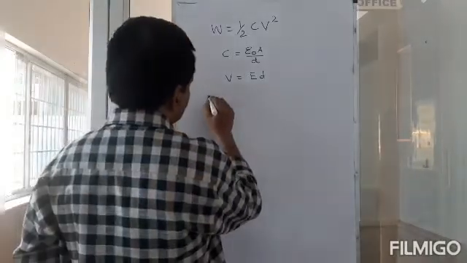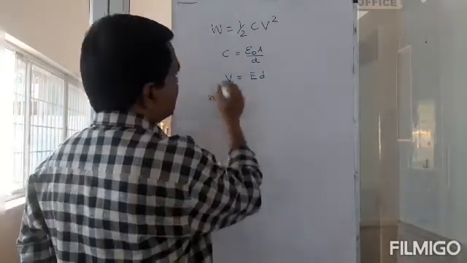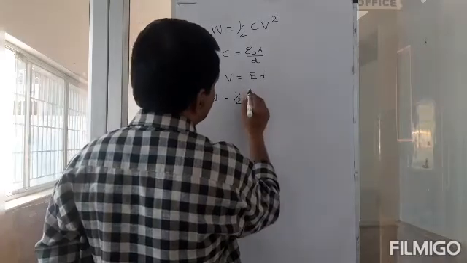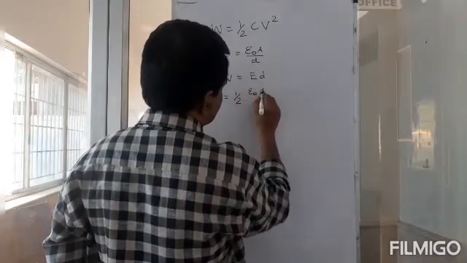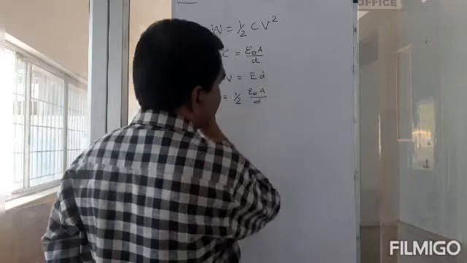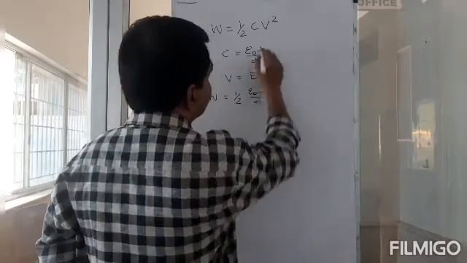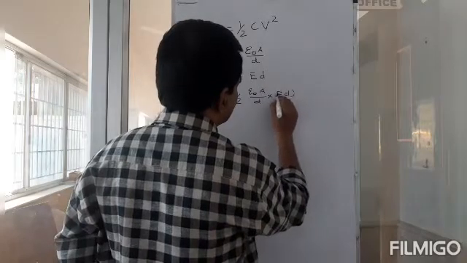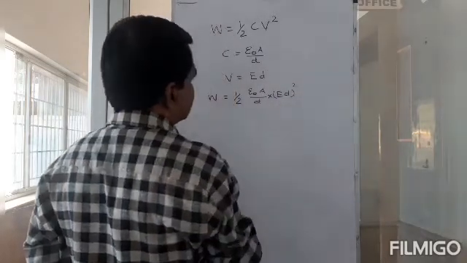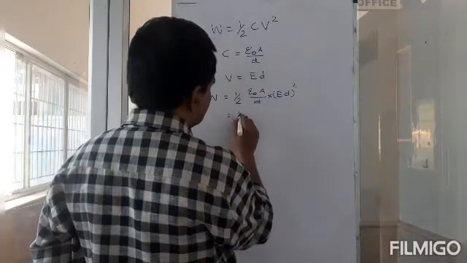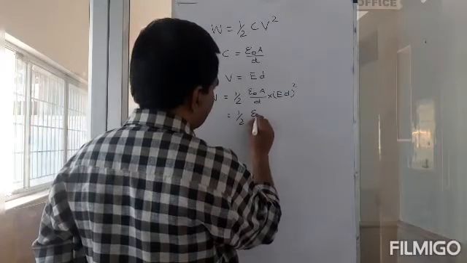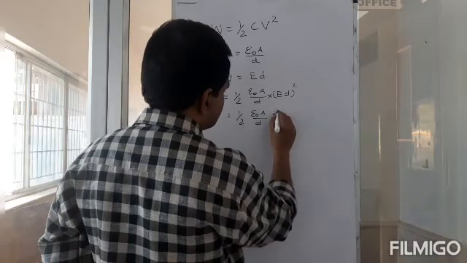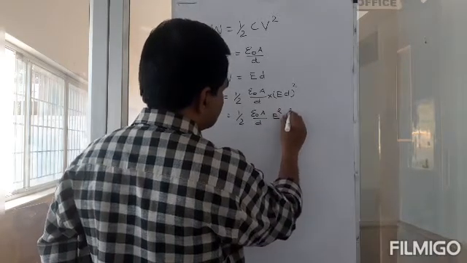If I start substituting these two values in this equation, let us see what we are going to get. So the work done or the energy stored in the capacitor is this. Instead of C, I'm going to write epsilon naught A by D, and then instead of V, I'm going to write E into D whole square. Okay, so this is going to give me half epsilon naught A by D into E square into D square.